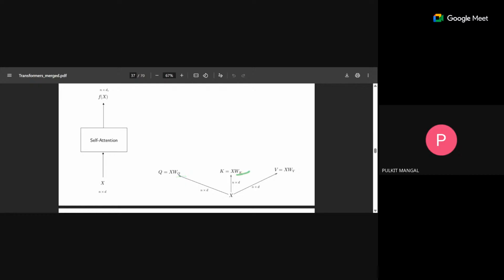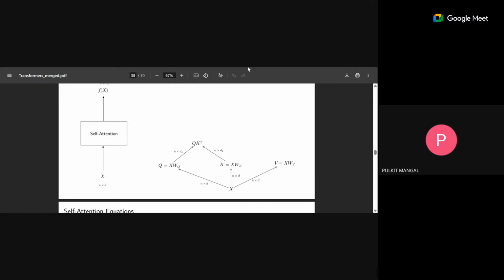WK should also be of size d cross something, and the same goes for WV. The size of Q and K has to be the same. By size here, I mean the output size, that is the number of columns, because in the end we want to do the dot product between them.